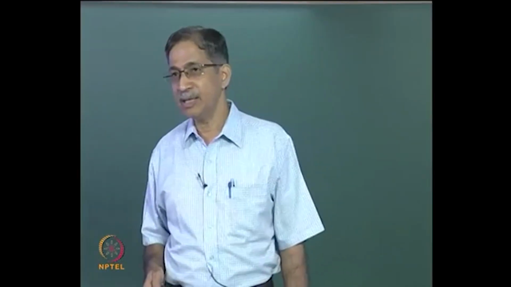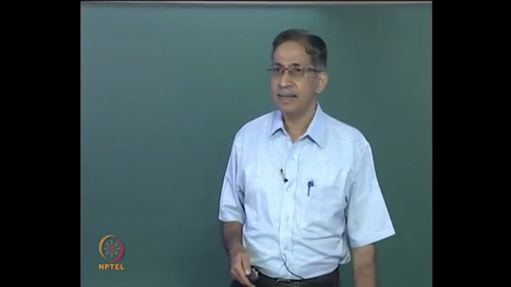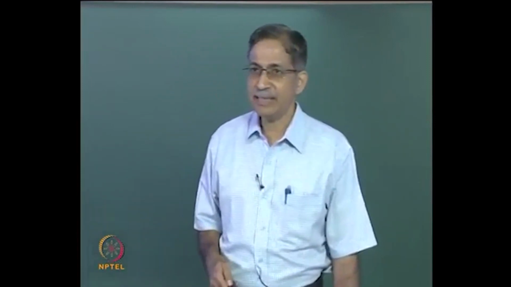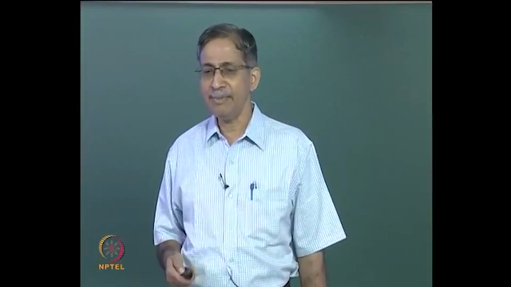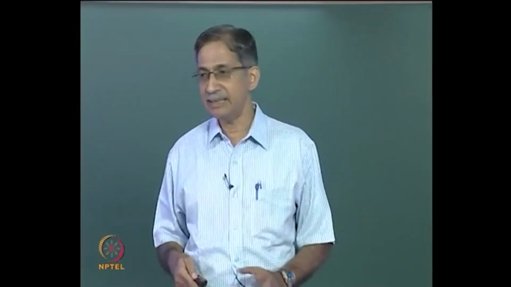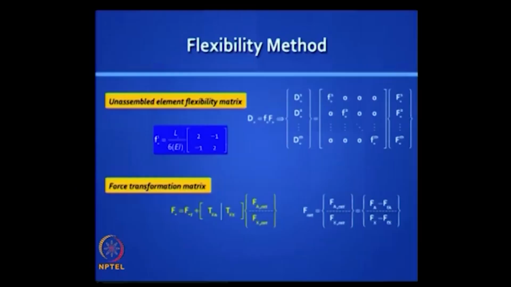Then you have the force transformation matrix. The TF matrix you can separate out into TFA and TFX in case the structure is statically indeterminate, and we can include the fixed end forces which we will be required to do if you have intermediate loads on the structure.